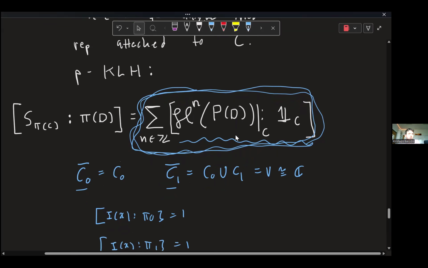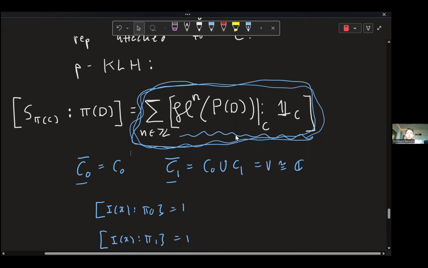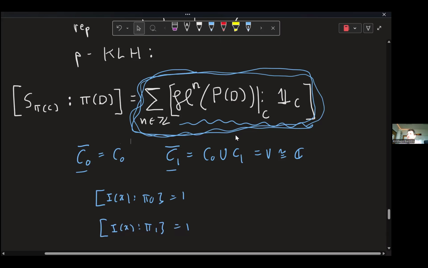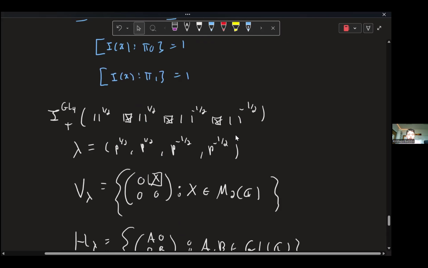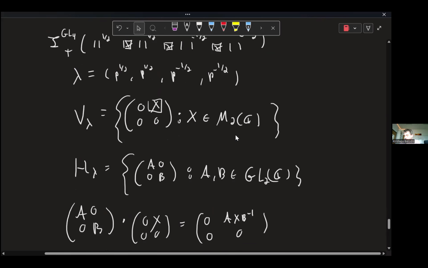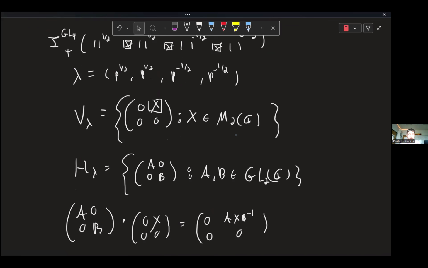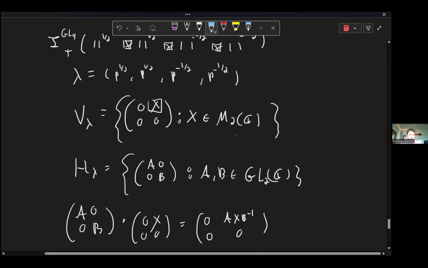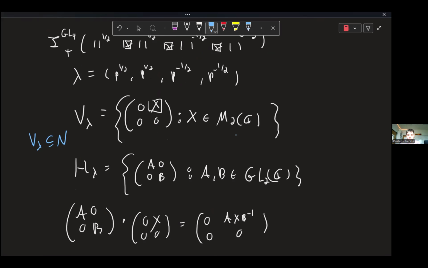Yeah, not quite. Although the V lambdas are always going to be, at least for this principal block case, contained in the nilcone of the Lie group.